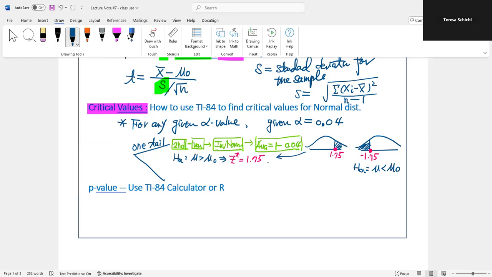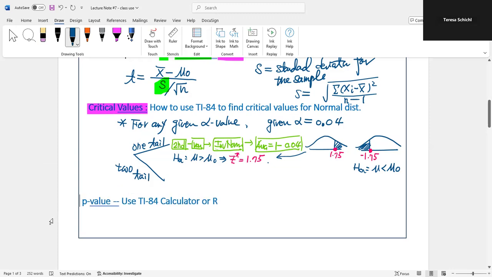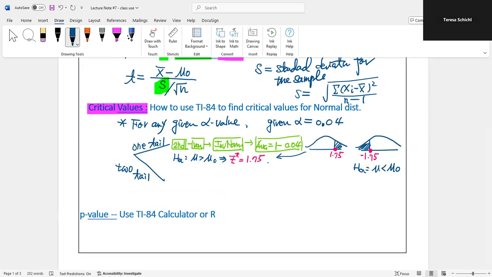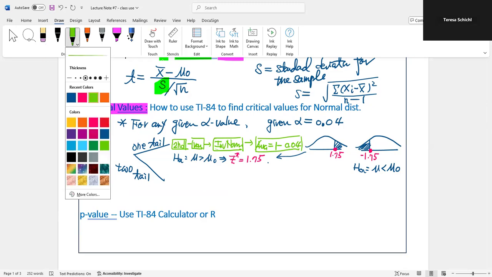Okay, all right. So now this is the first part. Then the second part: if you have a two-tail test, how do you do it? Let me move this p-value down a little bit. The first few steps are the same.